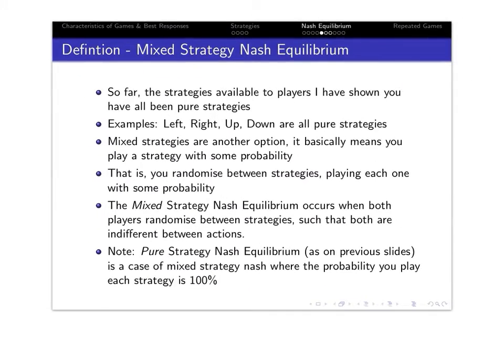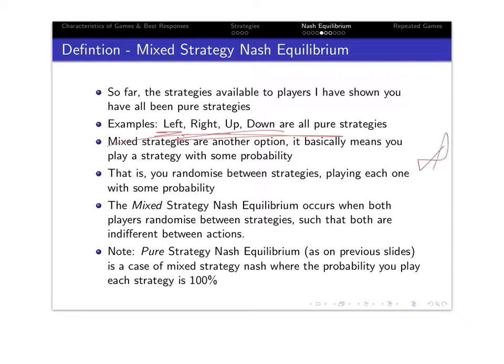Okay, so now we've got the mixed strategy Nash equilibrium. Scissors, paper, rock is a great example of this, but anyway. So far the strategies available to the players I have shown you have all been pure strategies. Now we're looking at mixed strategies. A pure strategy just means that you're definitely going up, down, left or right, whatever. Mixed strategies are another option.